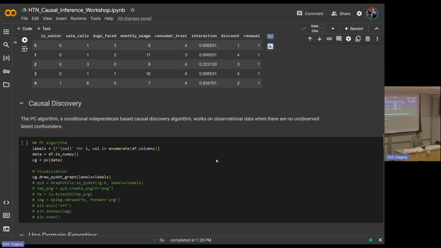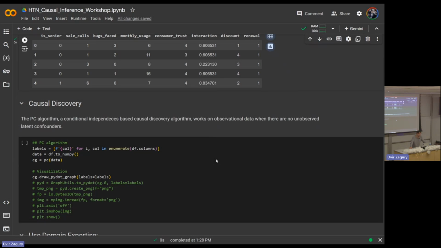And so the first thing we're going to do is causal discovery. We're going to use the PC algorithm. It's an algorithm that uses conditional dependencies between samples in your data to find out what causes what. Now, there's problems and assumptions that you have to make if you use this algorithm.